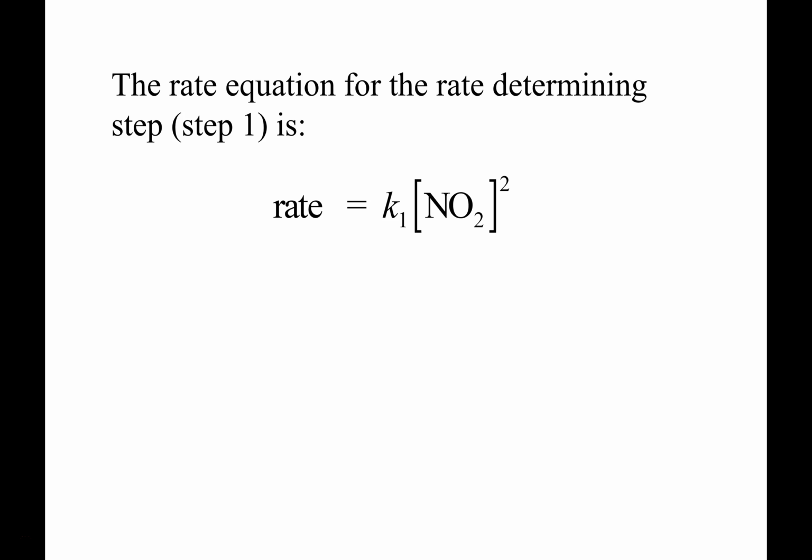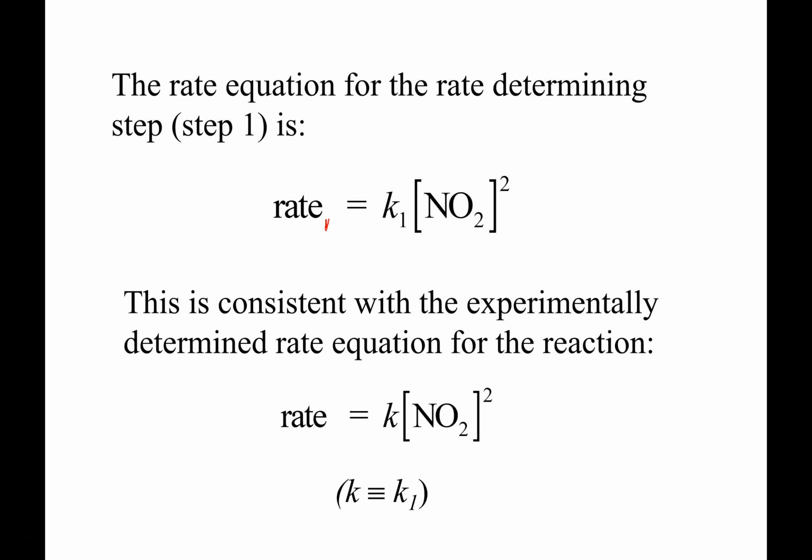So again, I probably would call this rate 1 because it's the rate law expression for the first elementary step, equal to the rate constant k1 associated with that elementary step, using molecularity, the molar concentration of NO2 raised to the second order. So yeah, since it all matches, it's just more of a confirmation than anything.